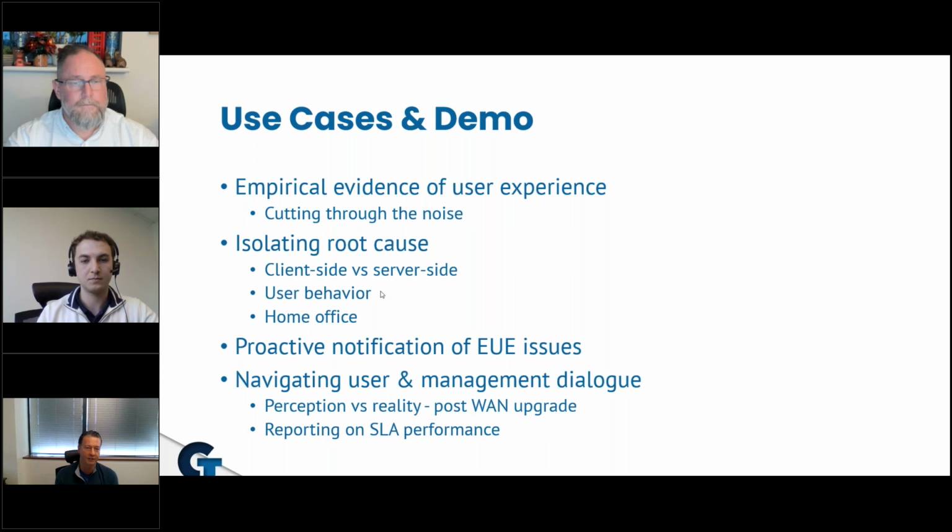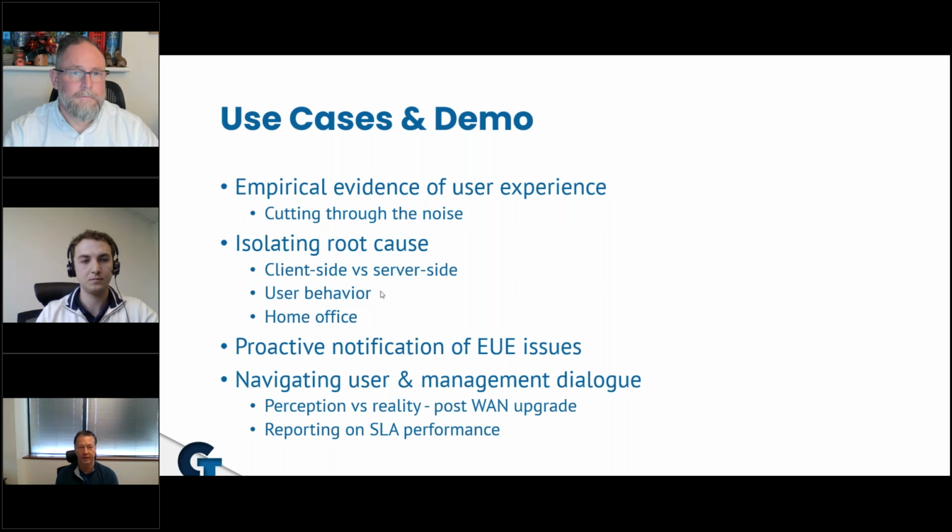How do we isolate the root cause, and not just isolate it, but prove the root cause? Some of the common ones are, hey, Citrix is slow, or the application is slow, right? They typically blame the application, or whatever they see on the screen. If it's Citrix, whatever the application is, Oracle, etc.